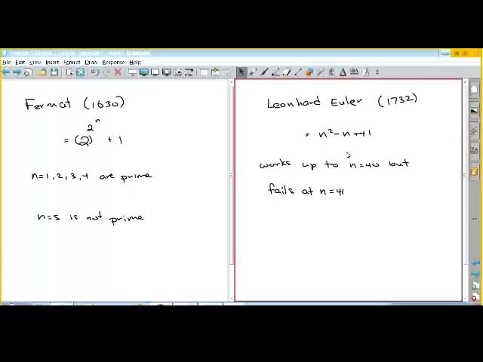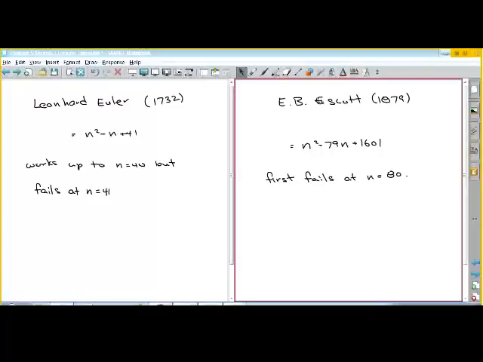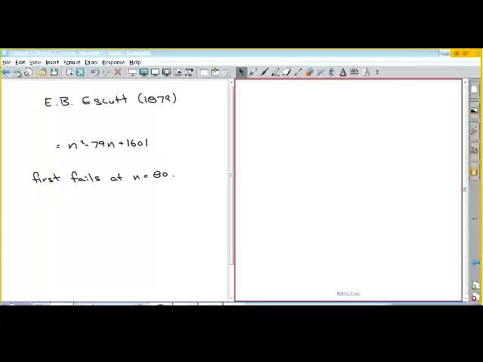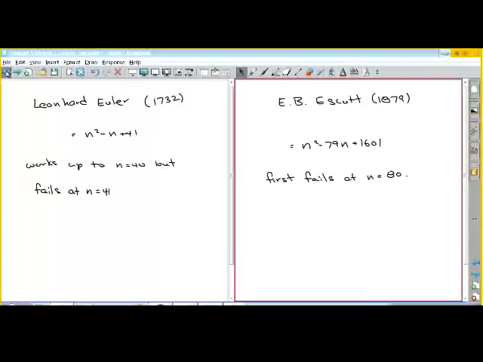This Euler guy, 1732, he came up with a formula, n squared minus n plus 41, and that works up until n equals 40, but it fails at 41. And this guy in 1879 came up with this formula, which works until you get n equals 80.